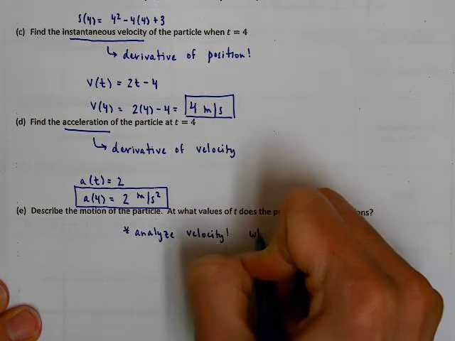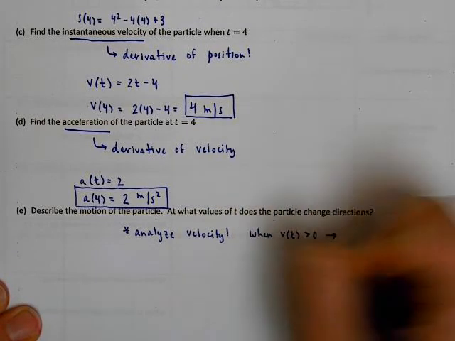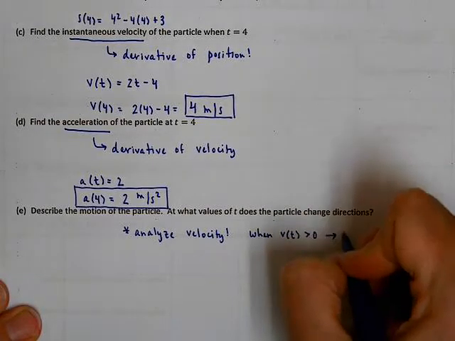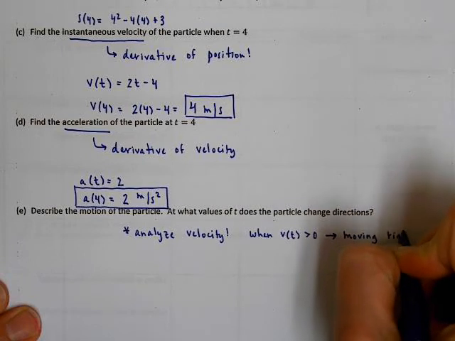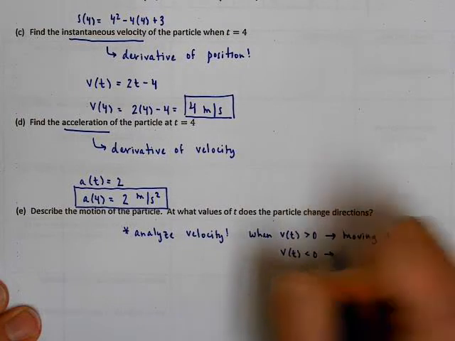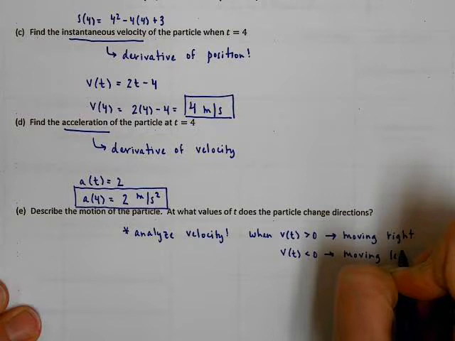So when velocity is greater than 0, I know my object is traveling to the right. And when velocity is less than 0, it's moving to the left.